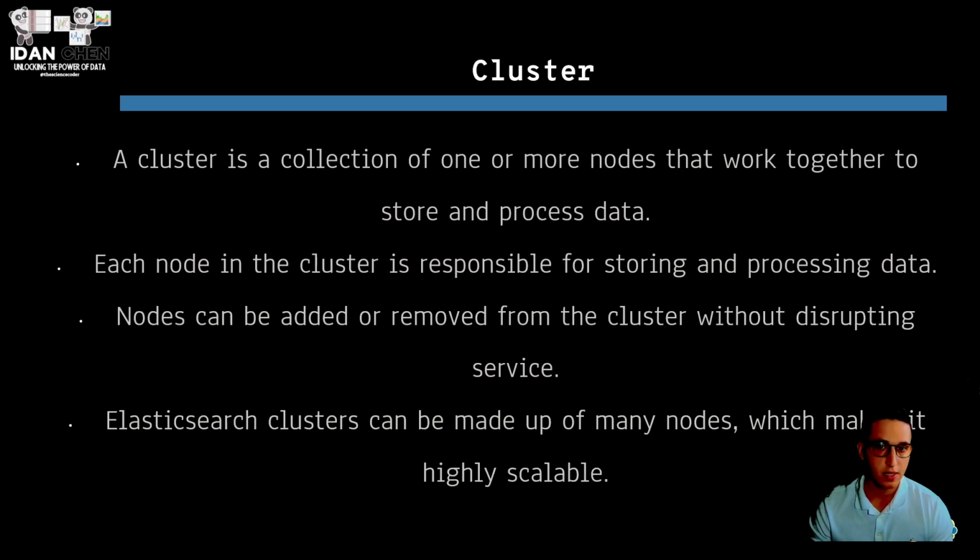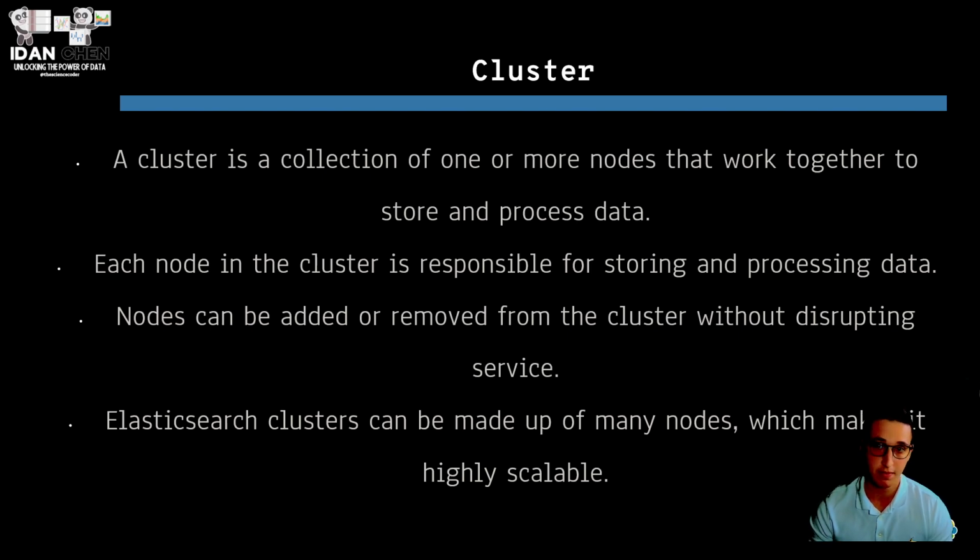A cluster is a collection of one or more nodes. This is the big entity. Each node in the cluster is responsible for storing and processing data. Nodes can be added or removed from the cluster. Elasticsearch clusters can be made of one or many nodes, which makes them highly scalable.